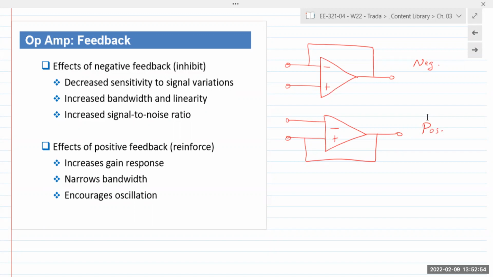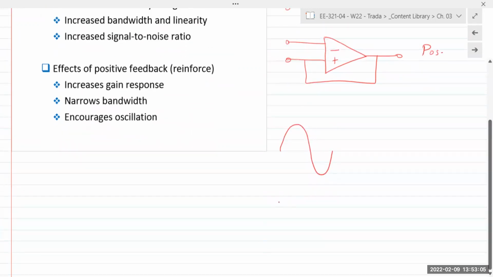A real-life example for that would be noise cancellation. So if you have a signal like this and you invert it, so it now becomes like this, what happens when you add them up? Output goes to 0, right? So that's noise cancellation.